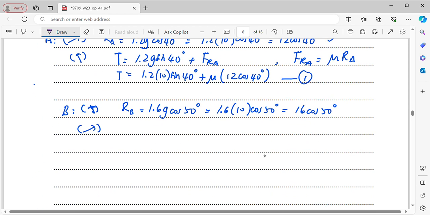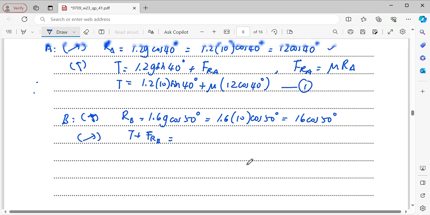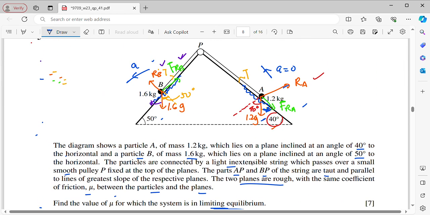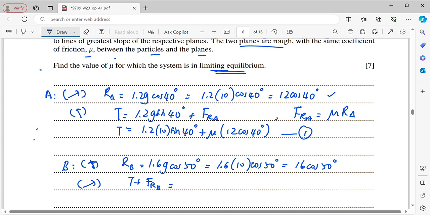So I will write T plus FRB equals 1.6 g, and then I resolve parallel to the plane, it will be sine. So equals 1.6 g sine 50 degrees.